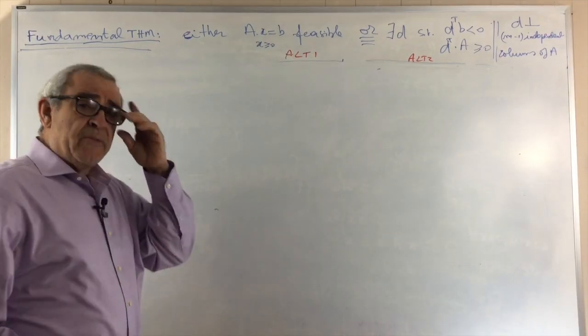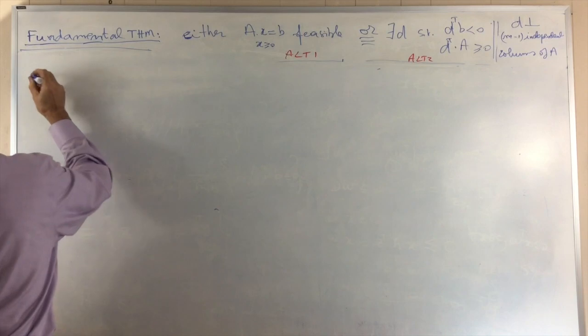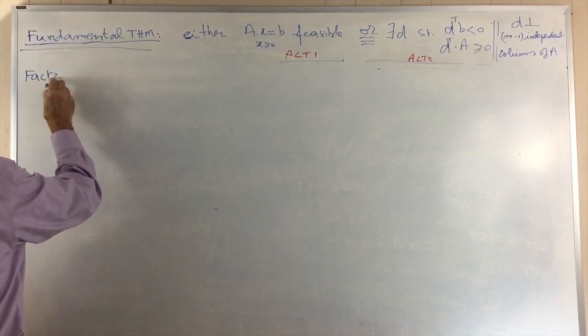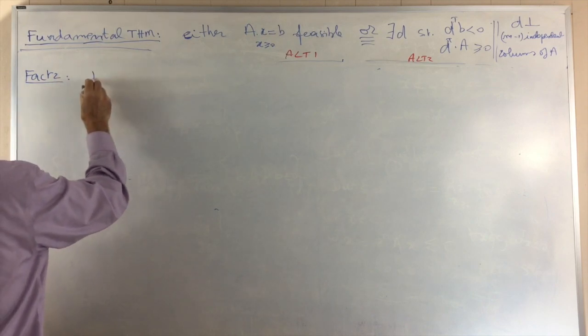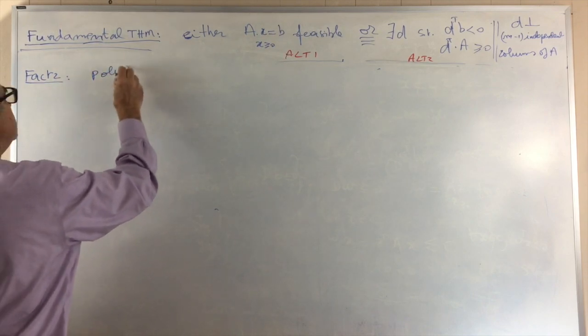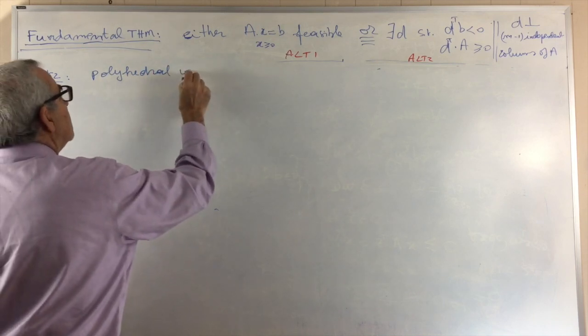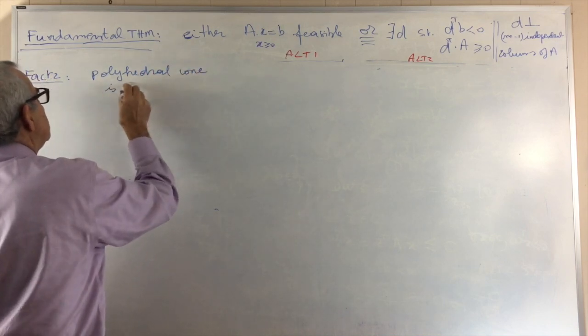Okay, I'm going to prove another fact, which is the reverse of fact 1. So, fact 2: a polyhedral cone is finitely generated.